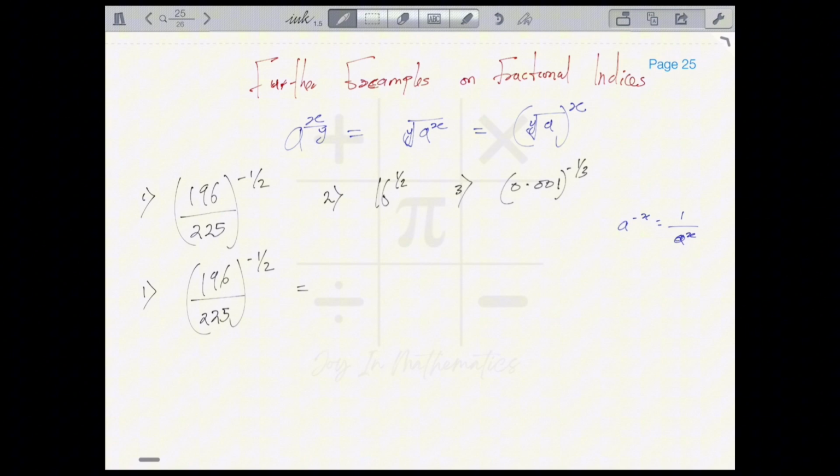Okay, and that means this will give us 1 over (196 over 225) raised to the power of 1 over 2. And we know that 1 over 2 is the same thing as square root. Okay, so this will give us 1 over the square root of 196 over 225.